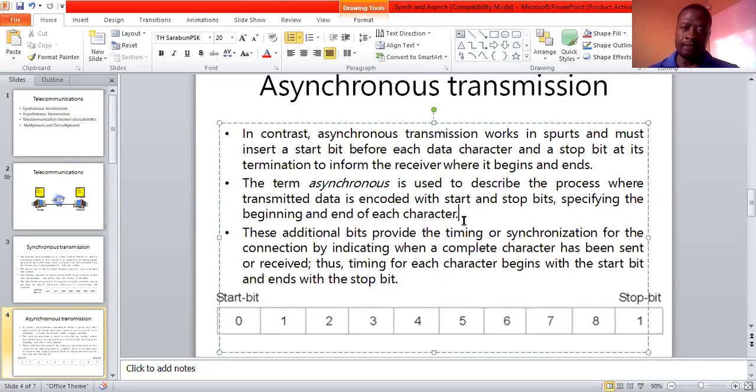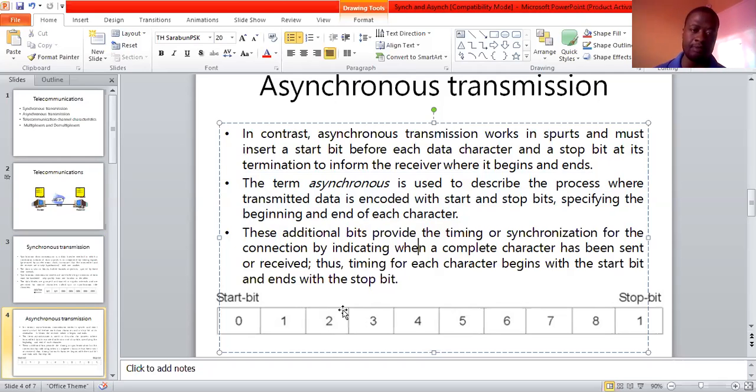The term asynchronous is used to describe the process where transmitted data is encoded with start and stop bits, specifying the beginning and the end of each character. So you have the start bit and the stop bit. Each of these characters is preceded by a start bit.